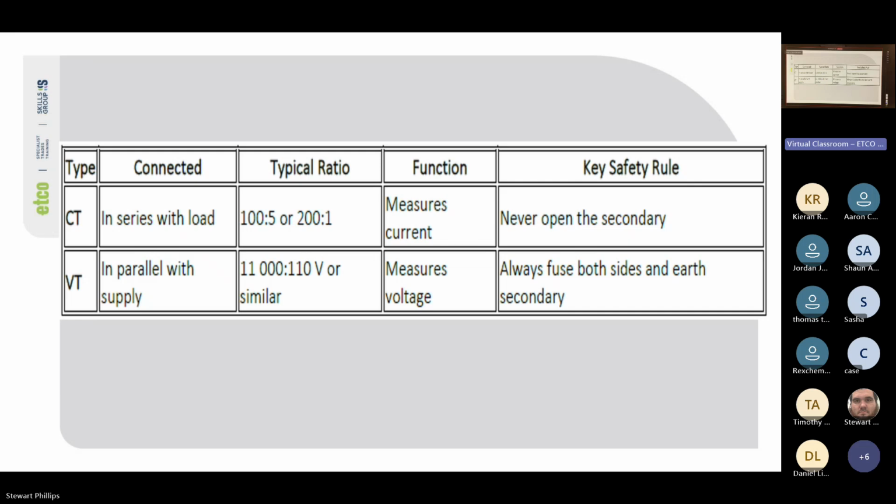Cool. So which transformer type do you think is most critical to get right for safety? All right, so Tim says isolating.